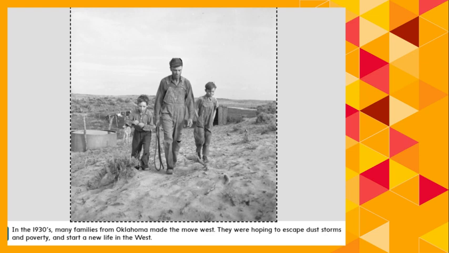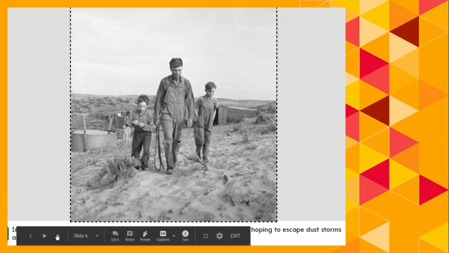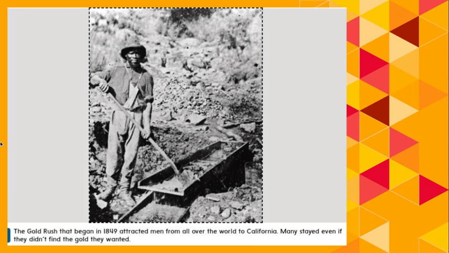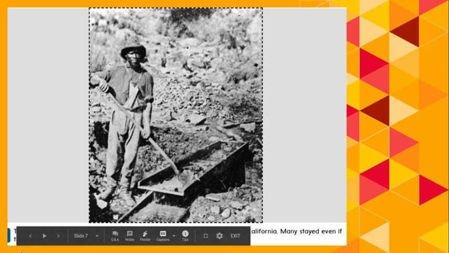They were hoping to escape dust storms and poverty and start a new life in the West. The gold rush that began in 1849 attracted men from all over the world to California. Many stayed even if they didn't find the gold that they wanted. So you now have a couple of reasons why people moved west so many years ago.